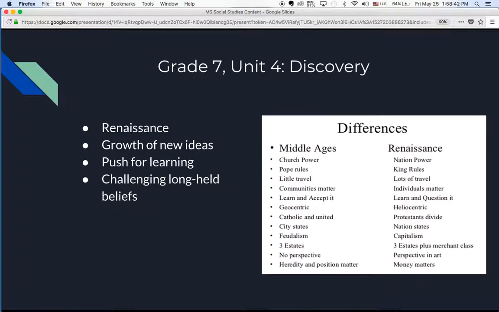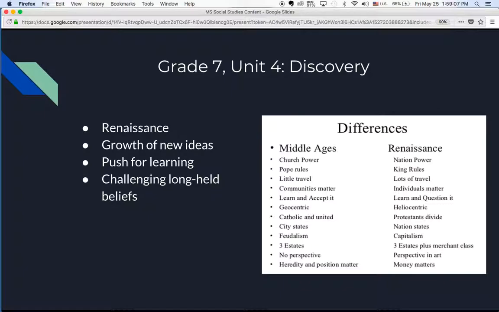Unit 4 we call discovery, and this one really focuses on the progression of what life was like in the Middle Ages up to the Renaissance and beyond, and how thinking and ideas evolved. And so we focus on how new ideas were encouraged, and at one point they were stifled.